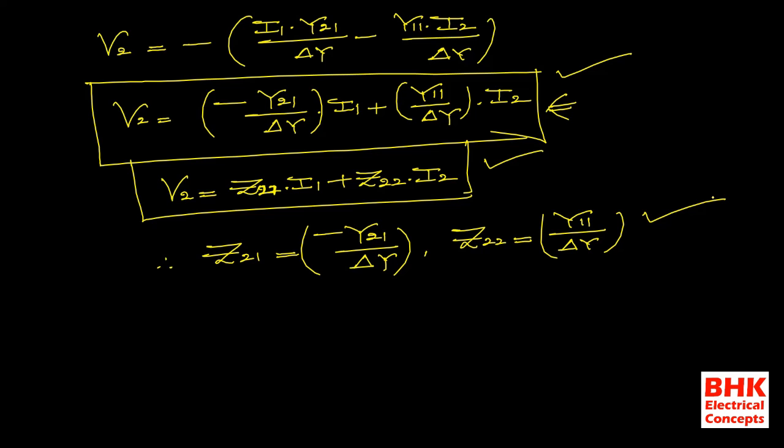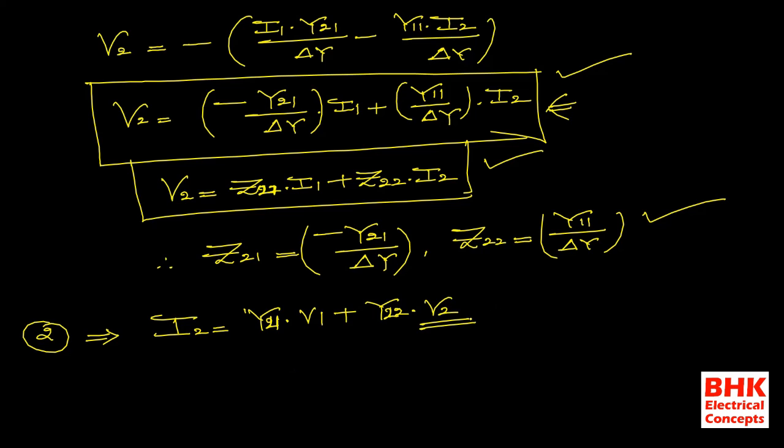So to calculate those impedance parameters, again we are going to consider equation number 2. So what is equation number 2? Actually, equation number 2 of the y parameters is given by I2 is equal to y21 v1 plus y22 into v2.